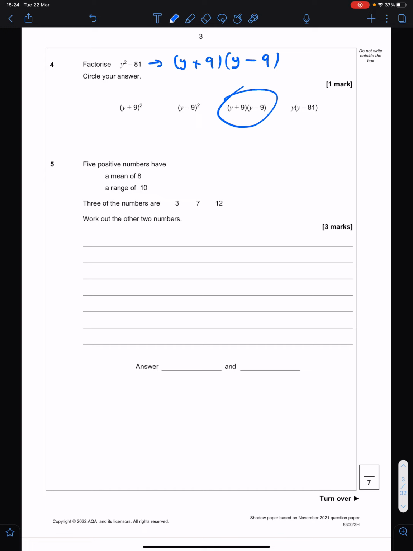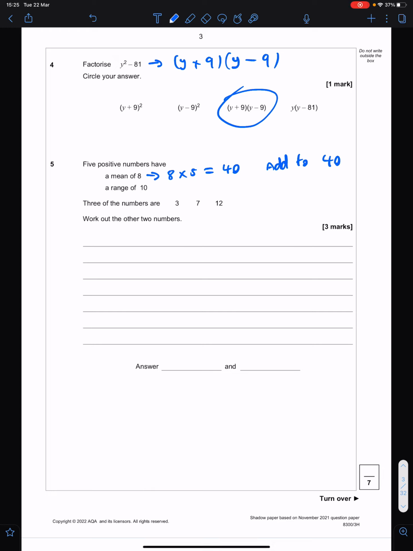If we know the mean is 8 and there are 5 numbers, then mean multiplied by the number of numbers you have gives you the total, right? Which is 40. So we know they have to add up to 40.